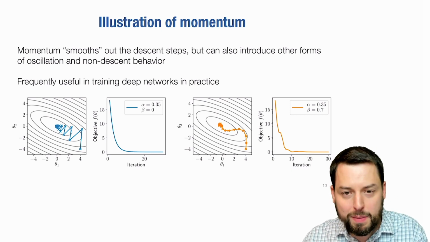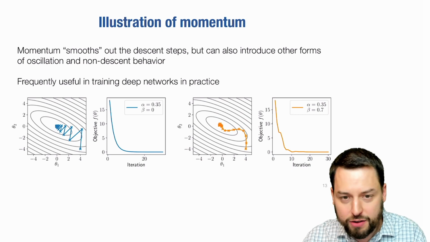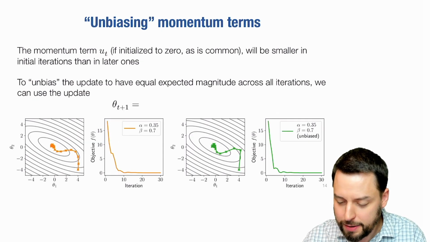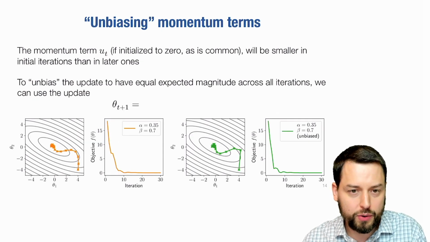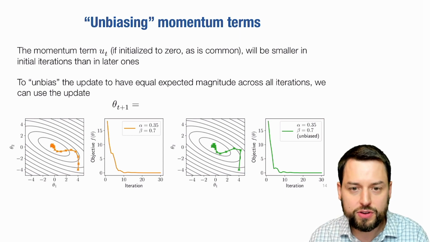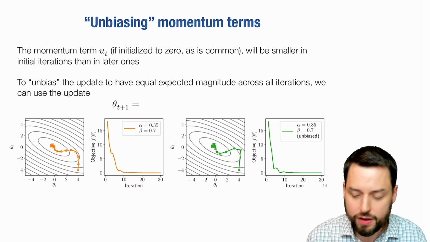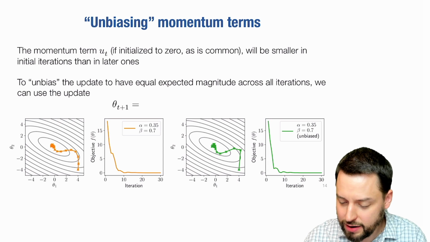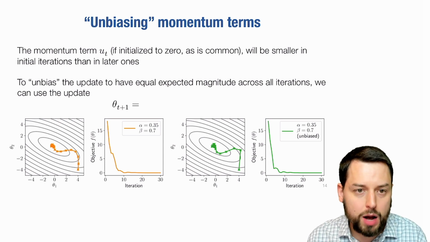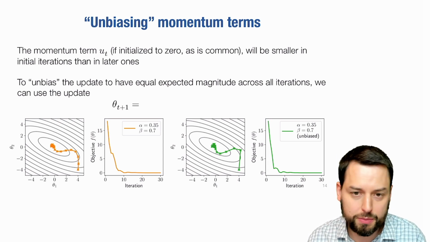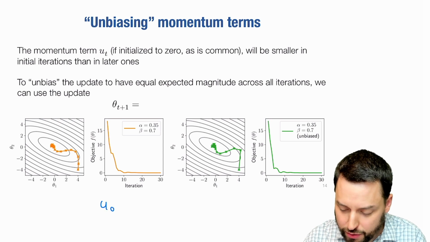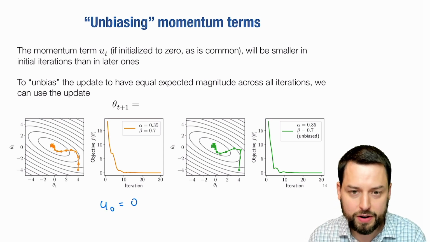All right. One thing you might notice about momentum is that there is an interesting effect here, which is that at earlier iterations, u_t is smaller than the gradient. For example, what's common is to initialize the momentum term at 0. So you'd have u_0 equals 0.